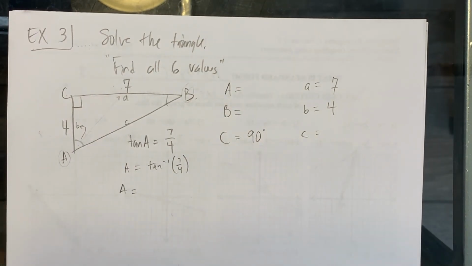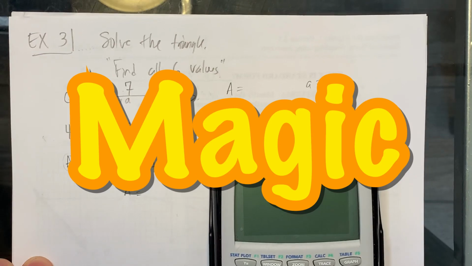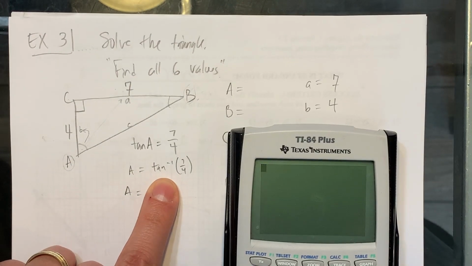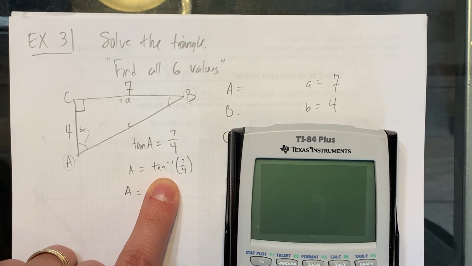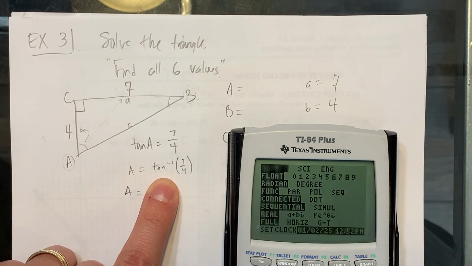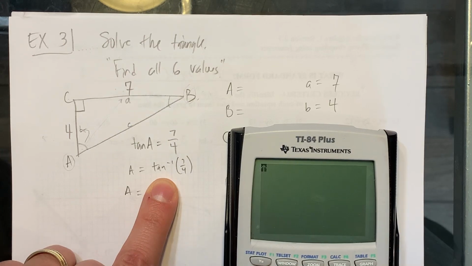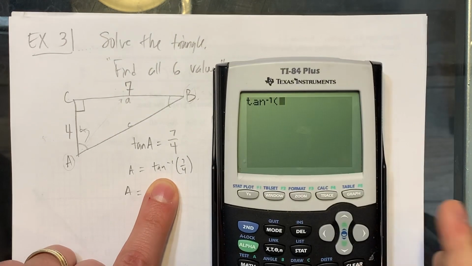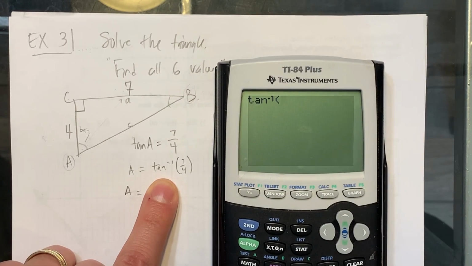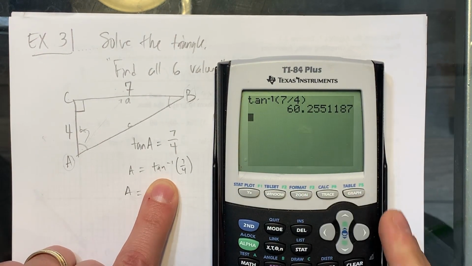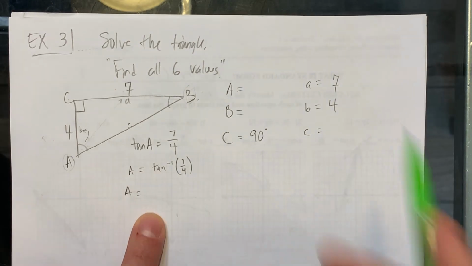Let me grab my calculator. Boom. Magic. All right, so inverse tangent of 7/4. Remember that we're going to represent these in degrees, so let's check the mode. My mode is in radians, so I'm going to move that to degrees. And inverse tangent is second tangent of 7/4. And so angle A is 60 point, let's call that 26.